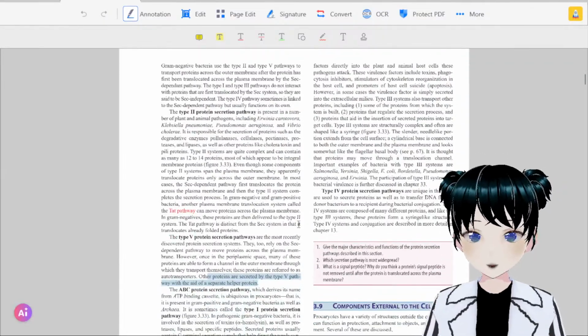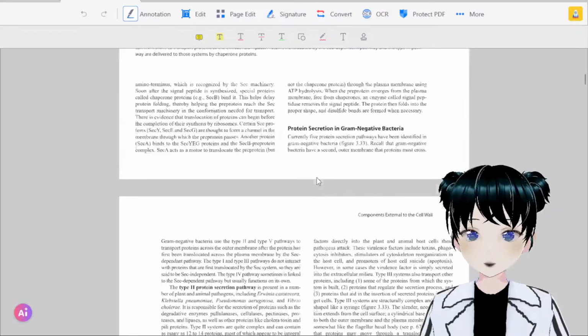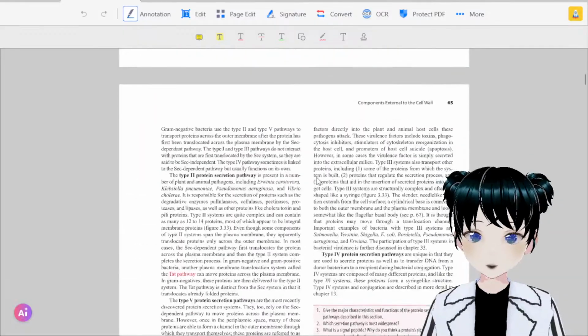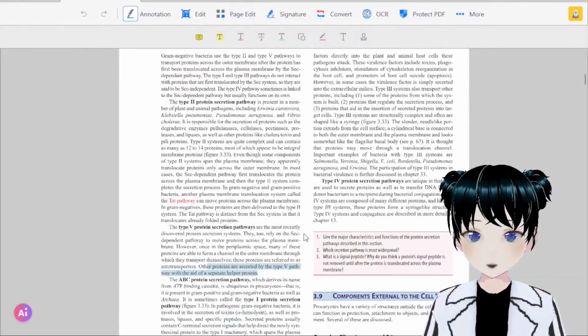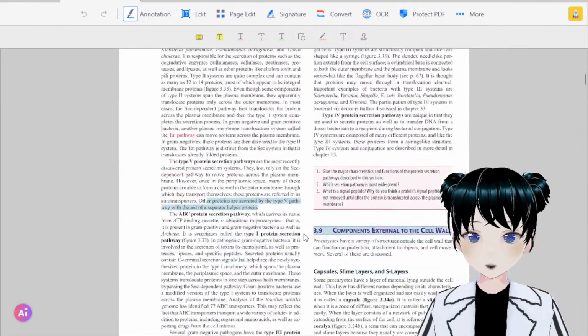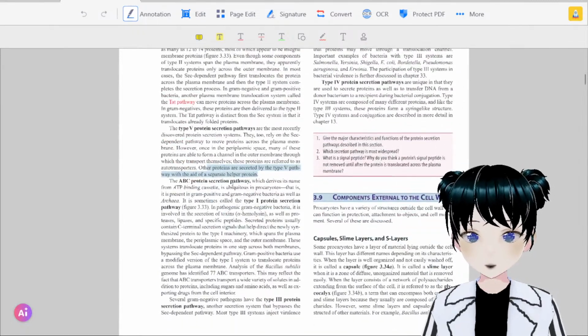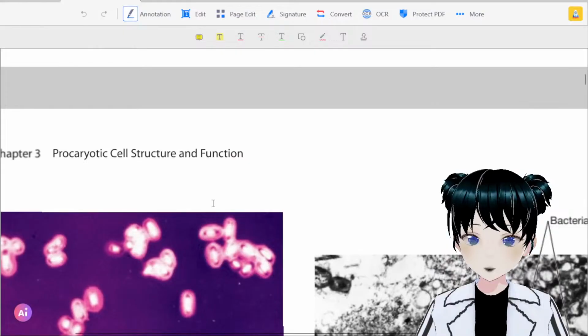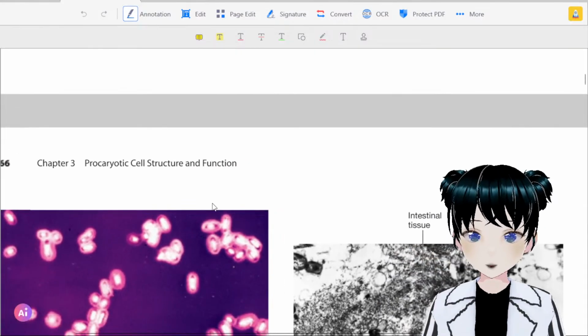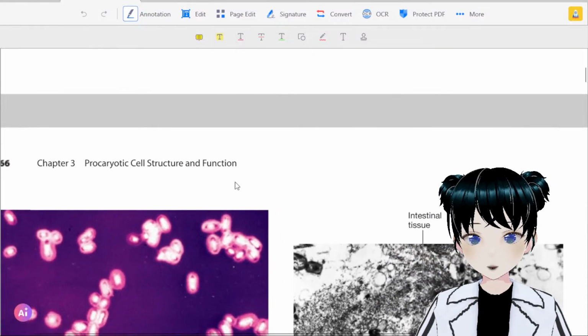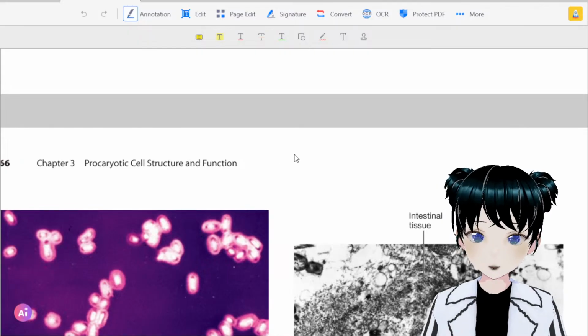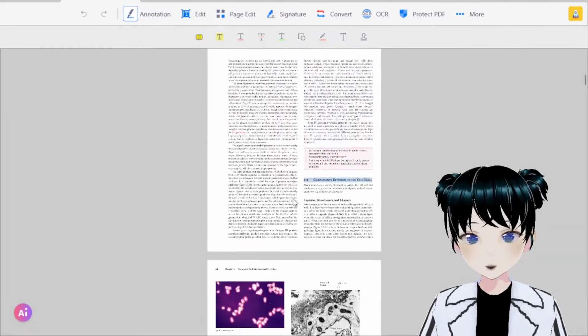Prokaryotic cell structures and function. Wait, isn't it written here? Yeah, it's just about prokaryotes and their components and how they work a little bit. Yeah, here, bacteria cell structure and function. Gosh, what's this doing?